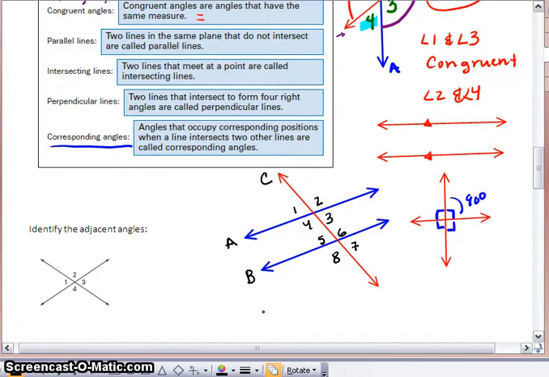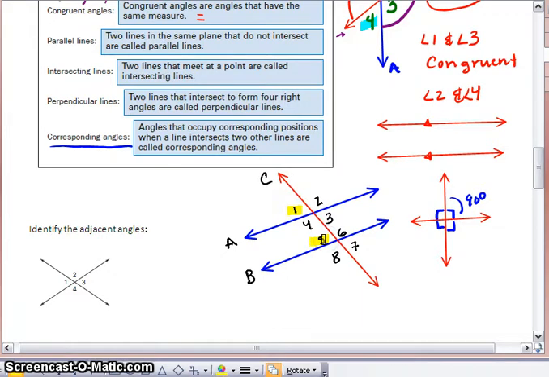If I look at the relationship between line A and line C, angle 1 sits on the top left. So it sits right here. If I look at that same angle for the relationship between line C and line B, angle 5 is in that same position.